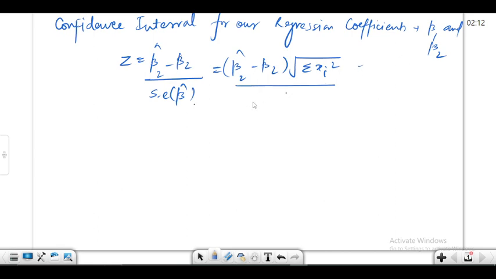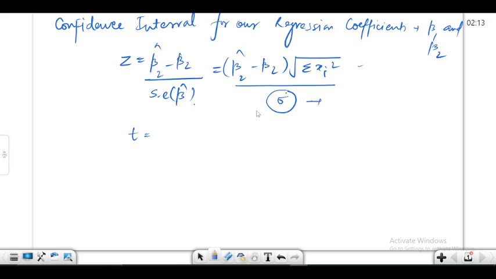Here sigma is the standard error of the true population. When we have the value of sigma we use the z statistic, and if we don't have the value of the standard error for the entire population, we use the t statistic. In this case we take the value of the estimated standard error.